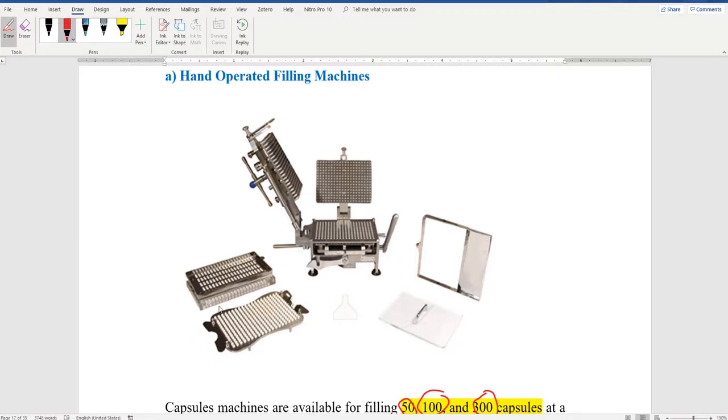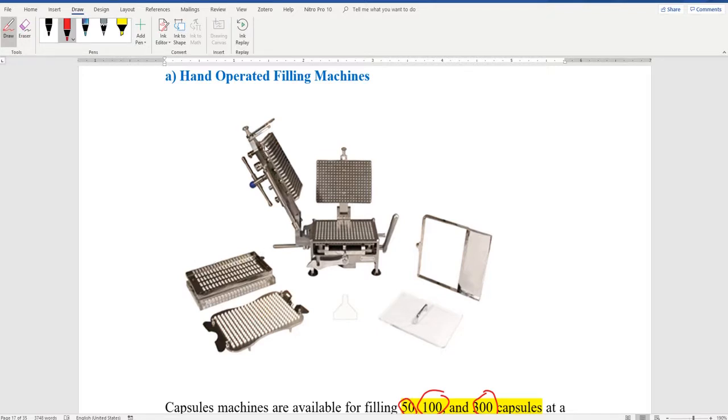This is the upper plate. So we have the lower plate and the upper plate. The upper plate will be eventually holding the caps. The lower plate will be holding the bodies. What you have here is the rectifier, which does the aligning for the capsules. This will do the aligning.